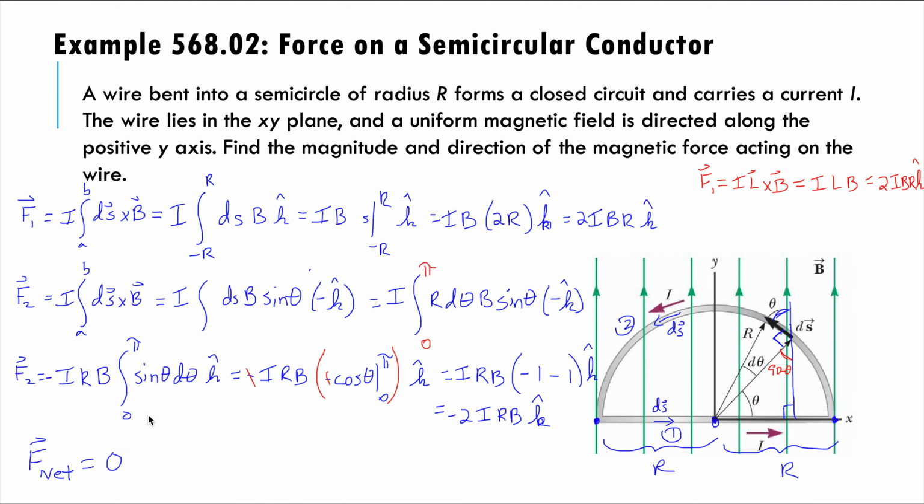And then the other result, which might not be so obvious, is that if you are trying to find a force on a curved segment of wire, such as this arc here, the force on that curved segment is the same as the force on a straight segment, as long as it's carrying the same current and is pointing in the same direction.